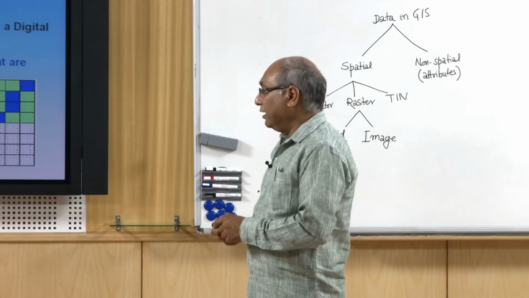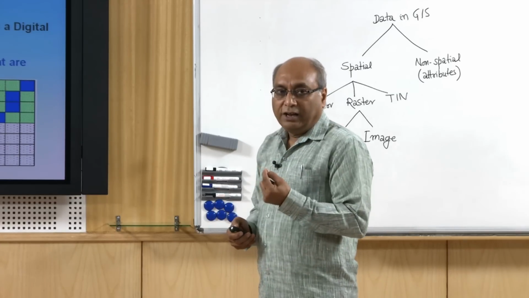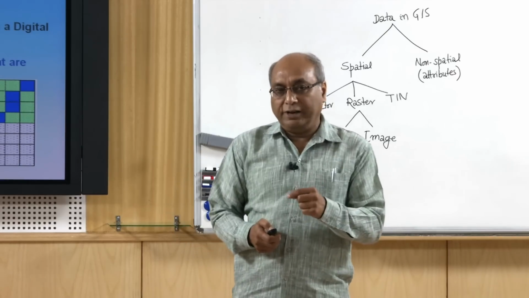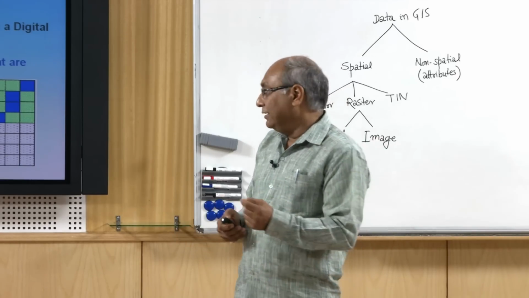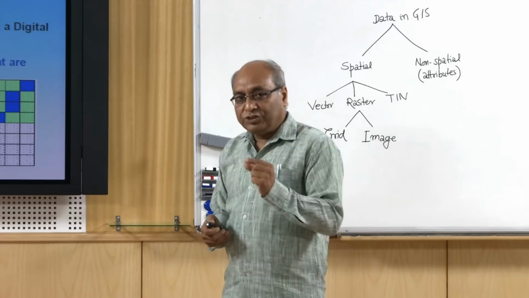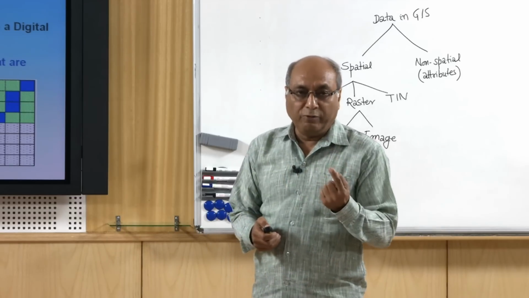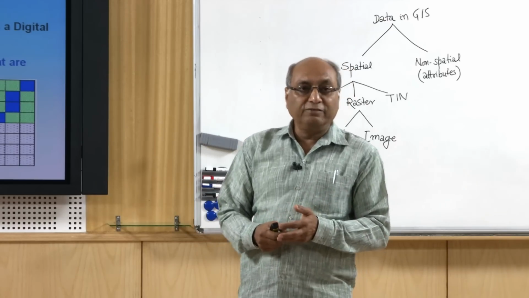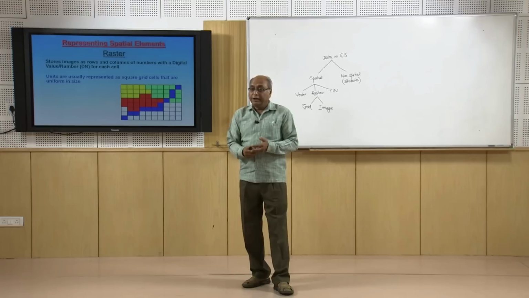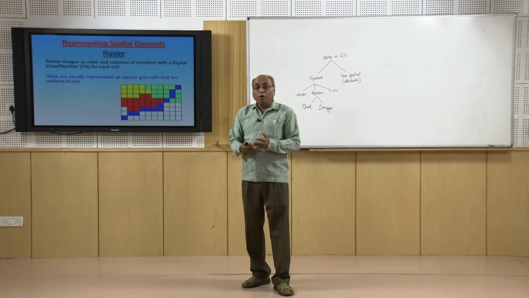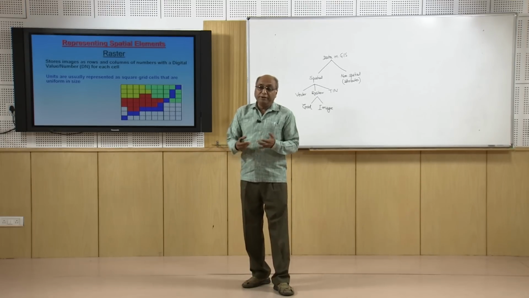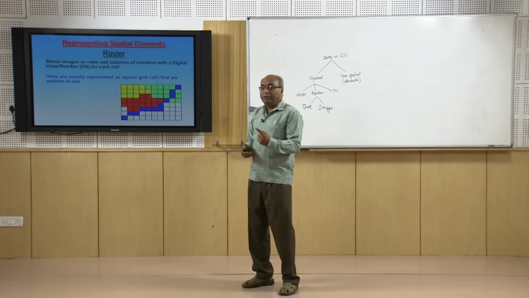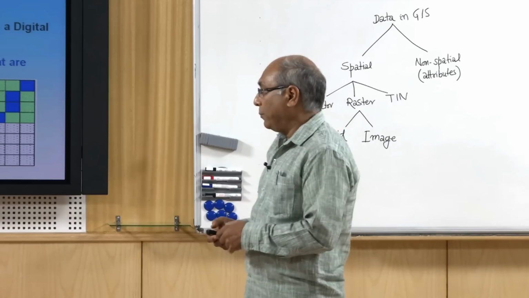Each cell, in the case of grid we call it a cell, in the case of image we call it a pixel. We will see all these details a little later. Each cell represents one attribute, one value. In the case of remote sensing data it may be a reflection value, an emitted value or a temperature value, or in a normal case a rainfall value or any other value, but only a single value per cell or per pixel.